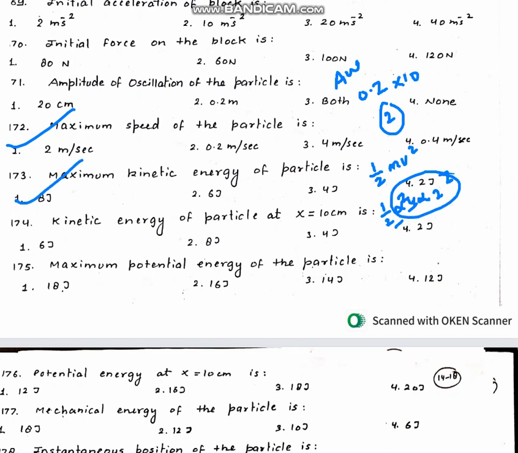Next is kinetic energy of the particle at x is equal to 10 centimeter. So let's say kinetic energy is K dash, so it will be maximum, that is 8 minus half m omega square x square.